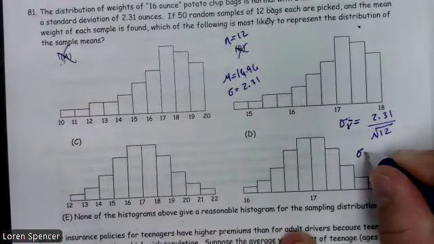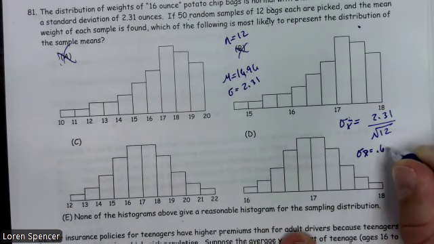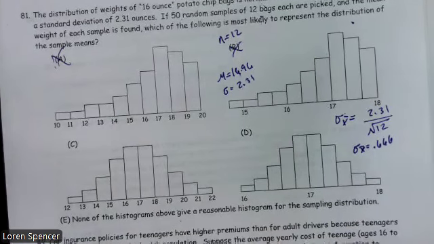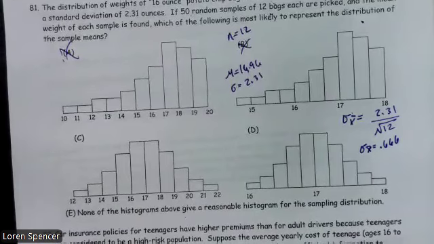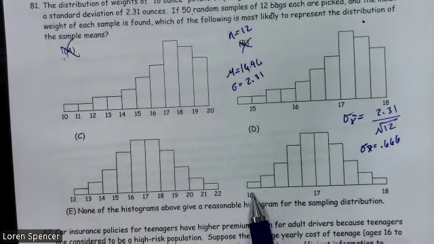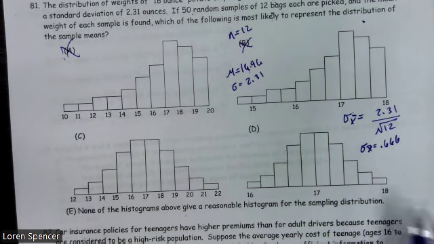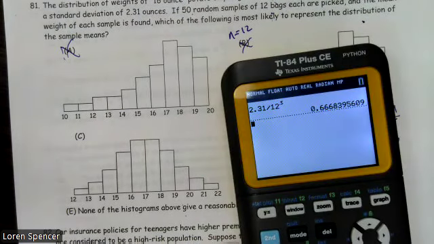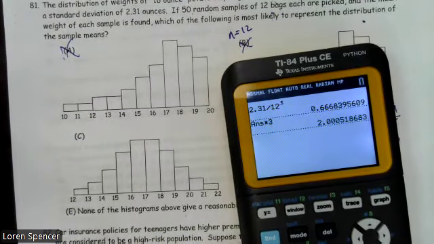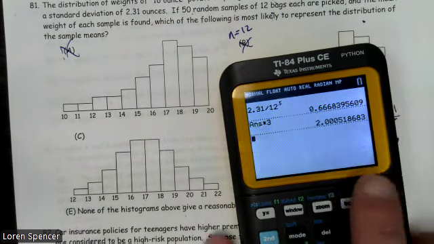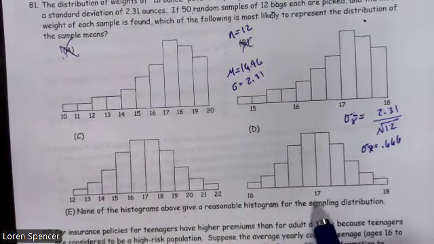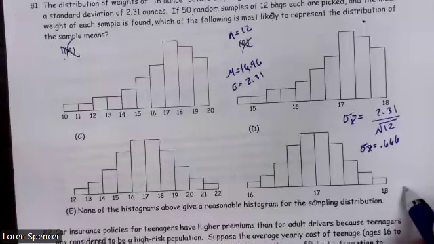So the standard deviation of X bar is 0.666. Now, we should have basically three standard deviations above and below the mean, at least two. So let's go 0.666 times 3 and add that to our 17. 17 plus 2 is 19.